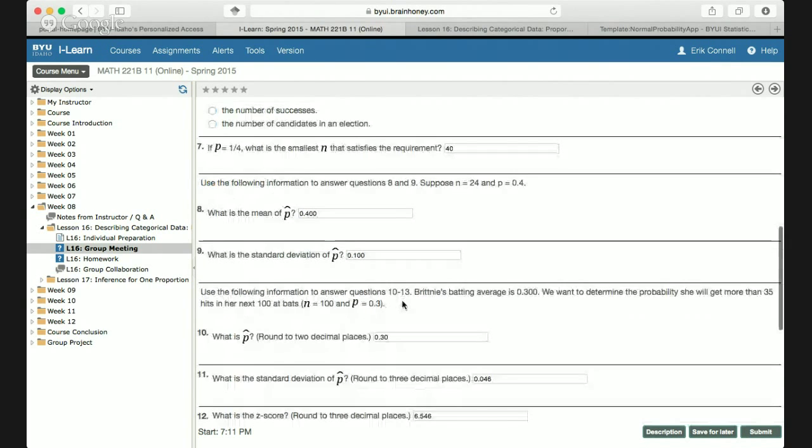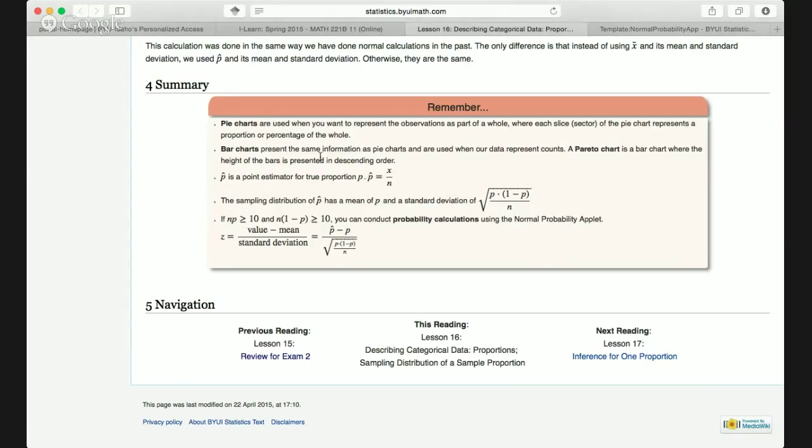Okay, so for 8, I got 0.4 since P hat is equal to P. And then the standard deviation I got is 0.1. In your book, on that remember part, it says the sampling distribution of P hat has a mean of P and a standard deviation of, and it gives you the equation for that.